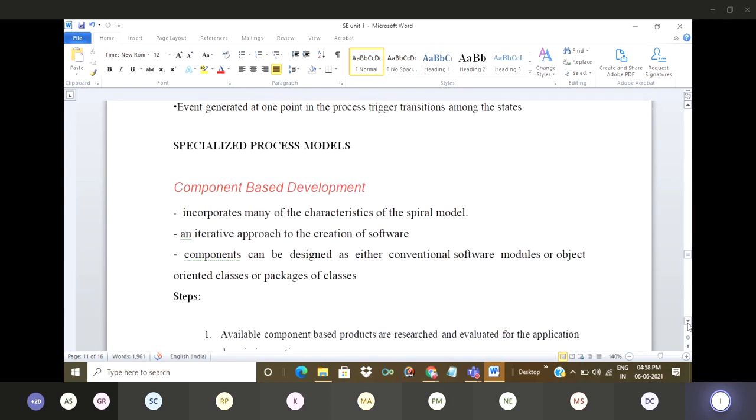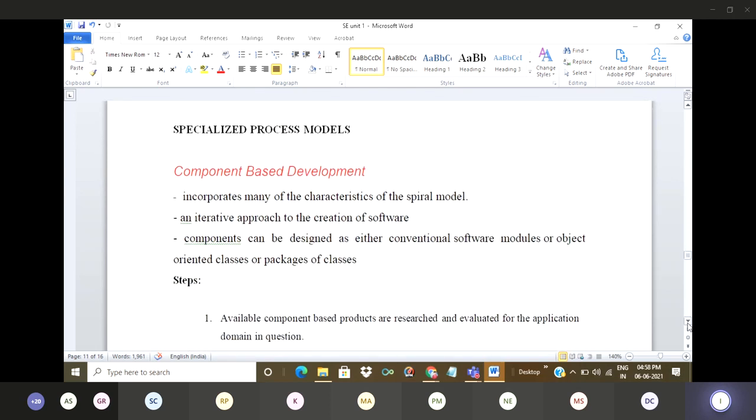Then the specialized process model. Under the specialized process model, we have three concepts. One is component-based development, which incorporates many of the characteristics of the spiral model.